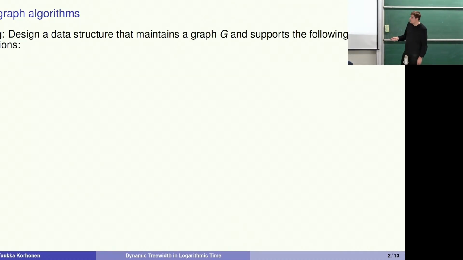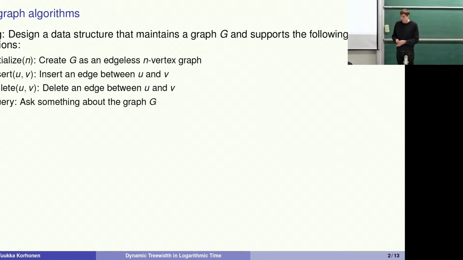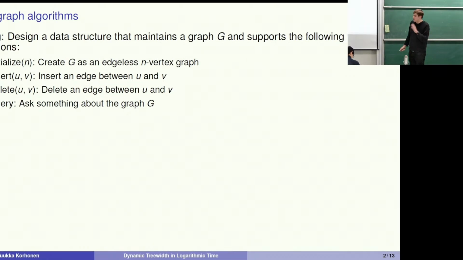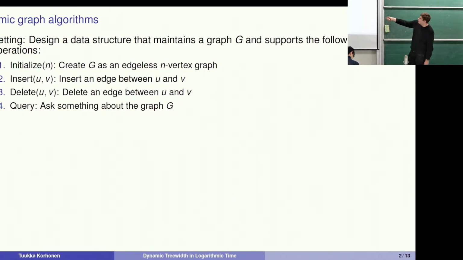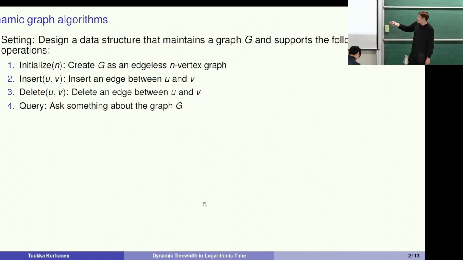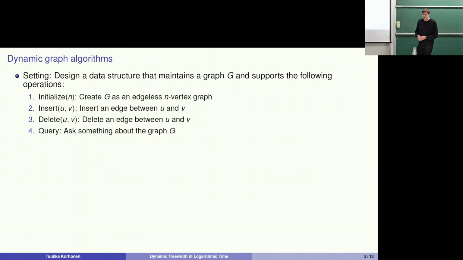We want to design a data structure for maintaining a graph G and supporting some operations on the graph G. The most common setting is we have an initialization operation where we create a graph, often an empty edgeless graph, and then we want to be able to insert edges to the graph and delete edges from the graph, and we also want to be able to ask something about the graph.